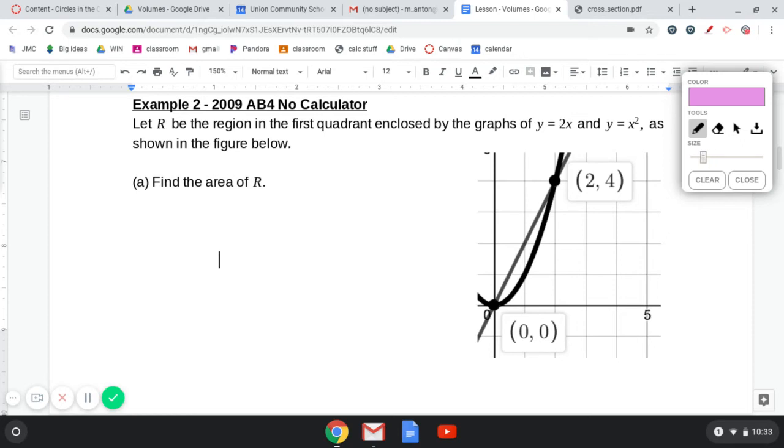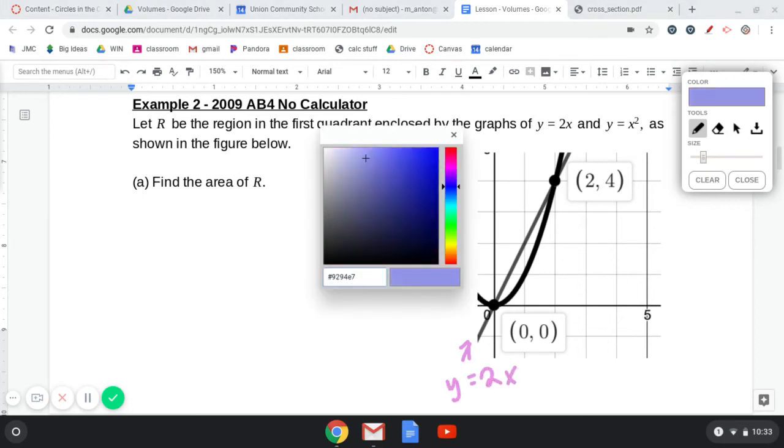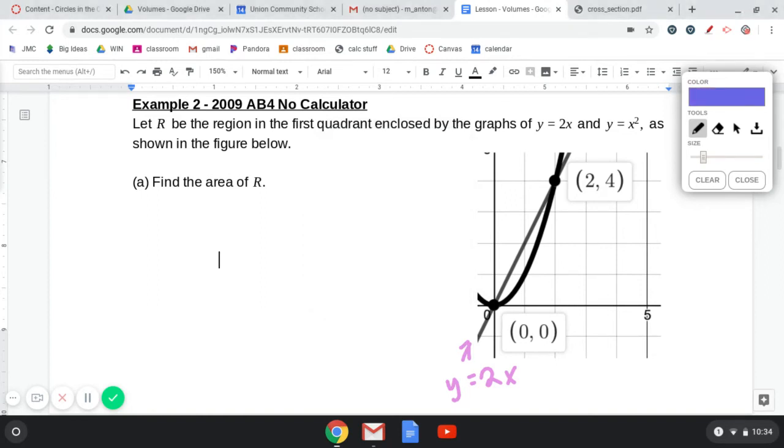I guess I'll label these. So this guy is y equals 2x. And in this darker black curve, the curved one is y equals x squared.